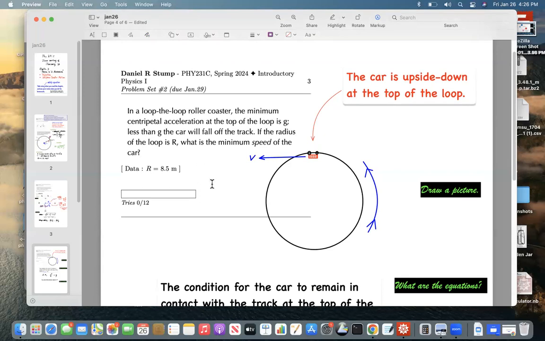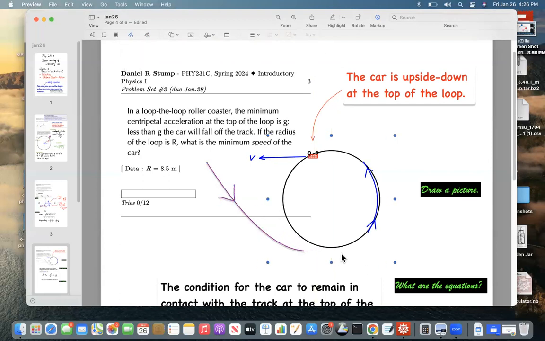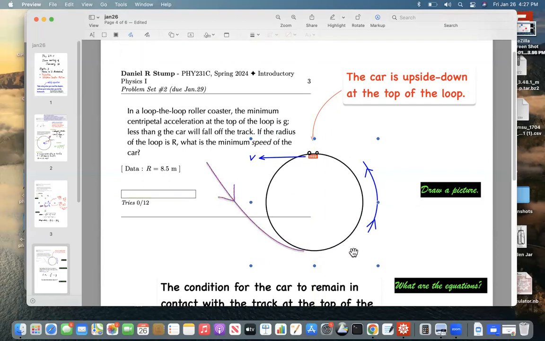It was coming down this way, picking up a lot of speed. And then it goes up this way, losing speed as it goes up. But if it's got enough speed, it'll be able to go over the top and go clear around the circle.